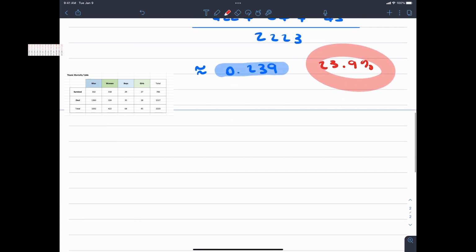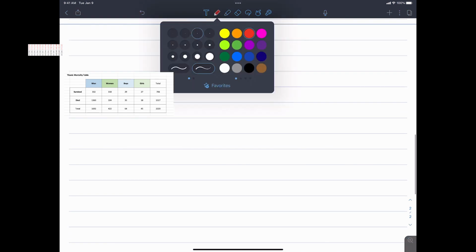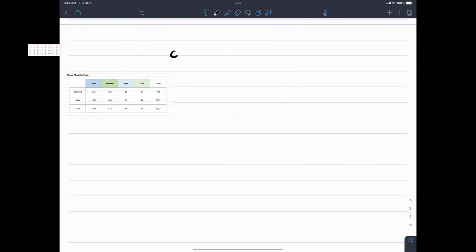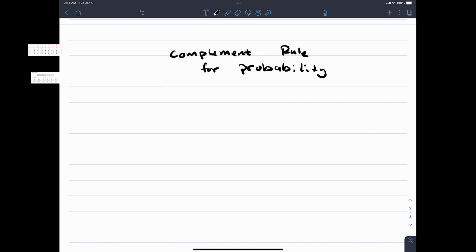Now, I got something interesting here for you guys. Remember I titled this probability formulas? We have something called the complement rule for probability. We're going to use this a lot in this course. And it's called the complement rule.